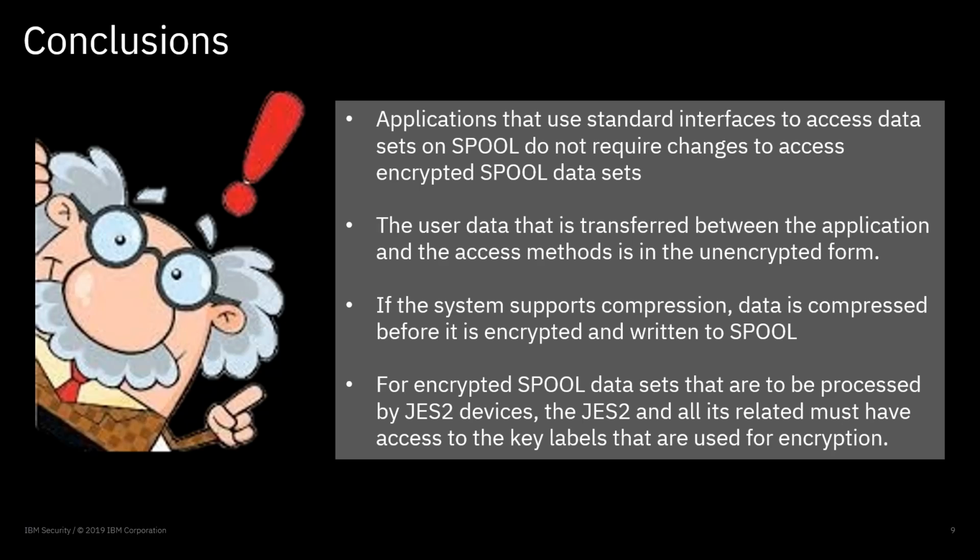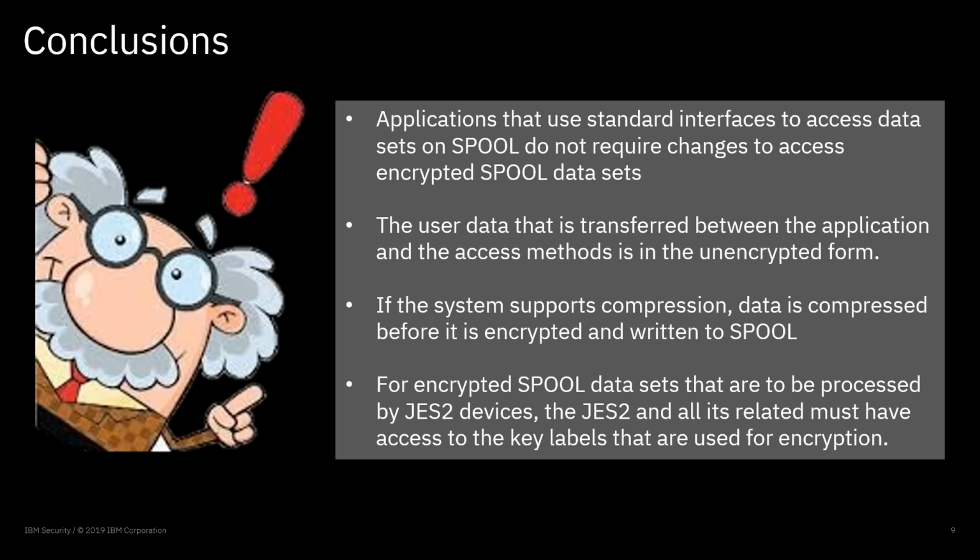If the system supports compression, data is compressed before it is encrypted and written to spool. When reading from spool, data is decompressed after it is decrypted. Software decompression is used only if the system does not support hardware decompression.